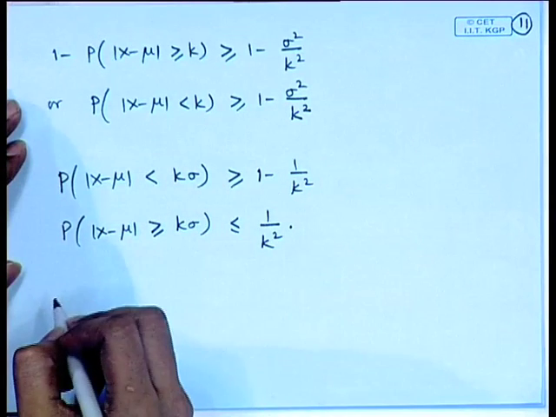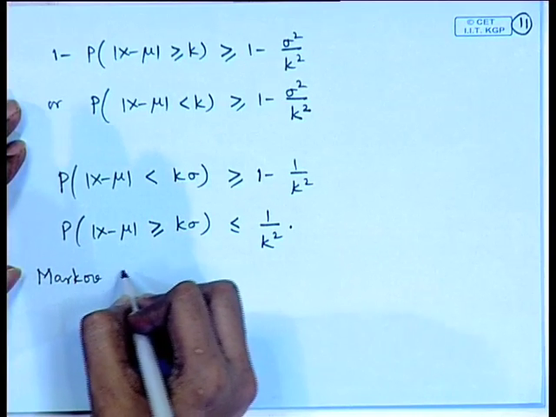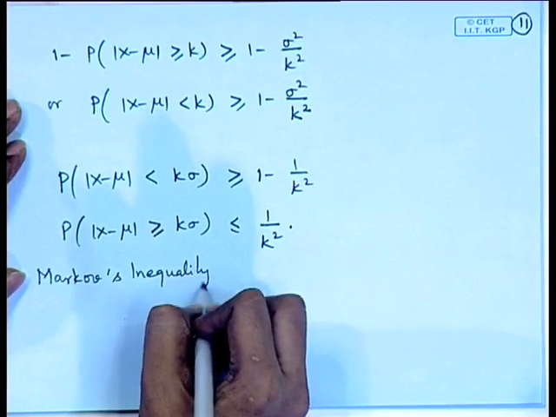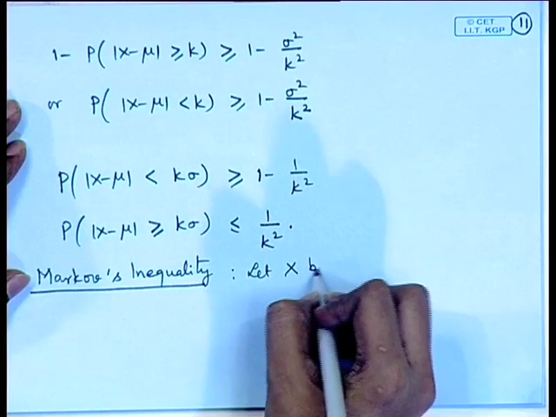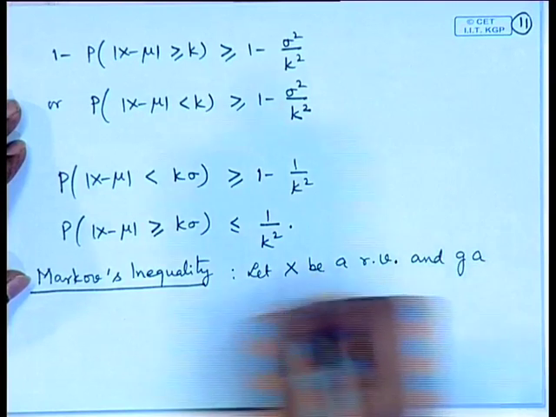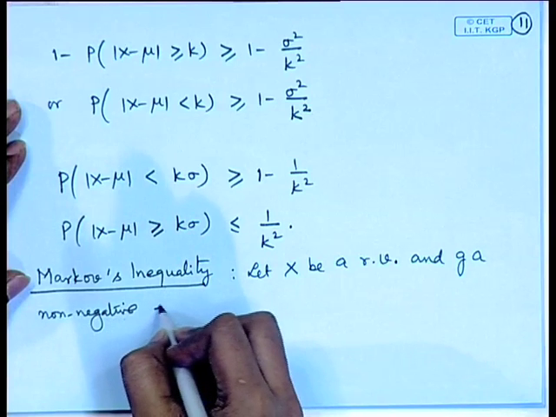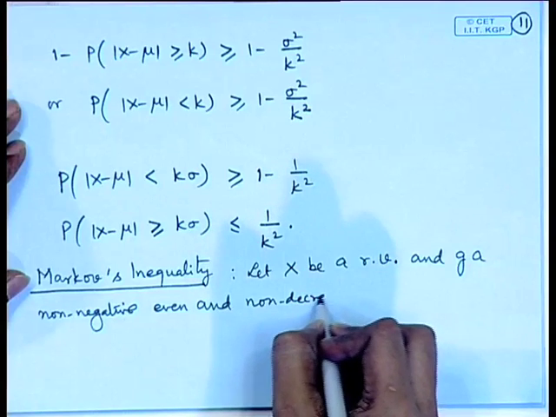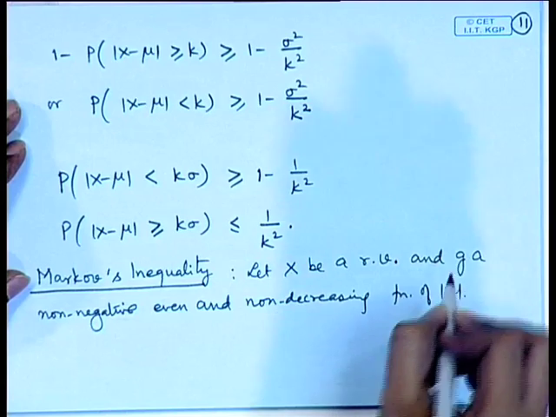A more general inequality of the same type is called Markov inequality. Let x be a random variable and g a non-negative, even and non-decreasing function of modulus x.